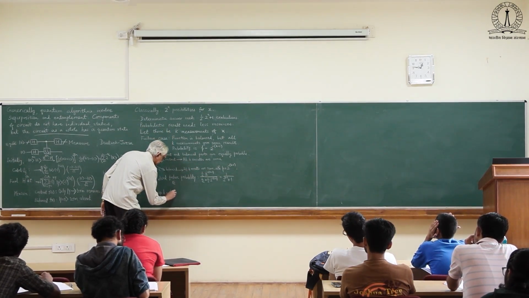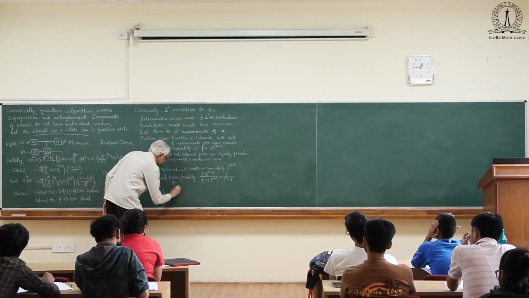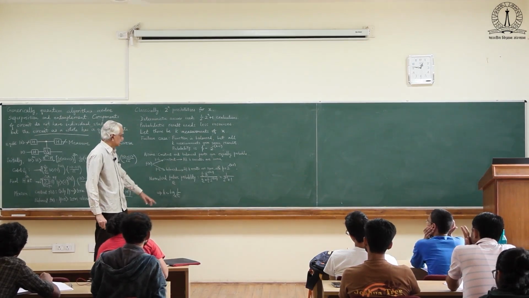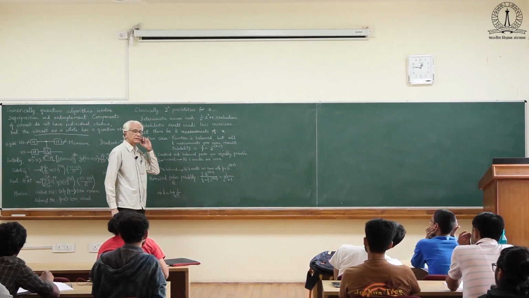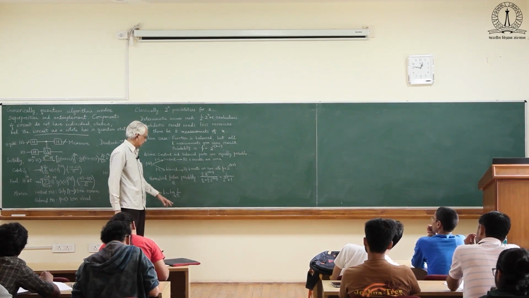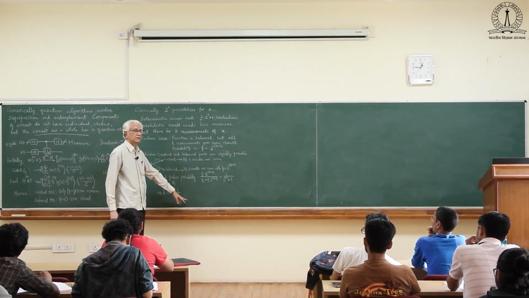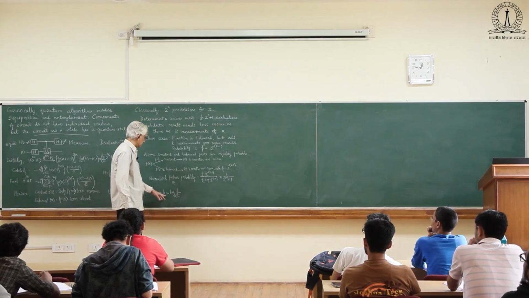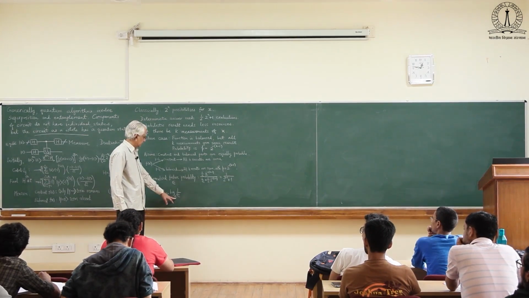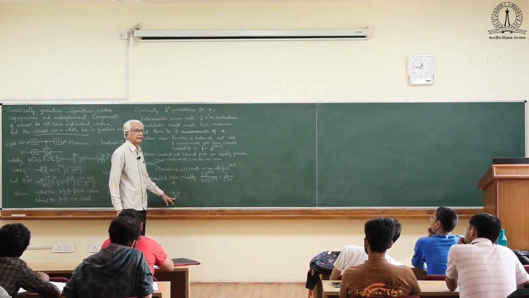So if you are given some value of epsilon, which is your tolerance for failure, I want to make it 1 part in a million or something like that, a very small number, what is the number of trials I should take? It depends logarithmically on epsilon.